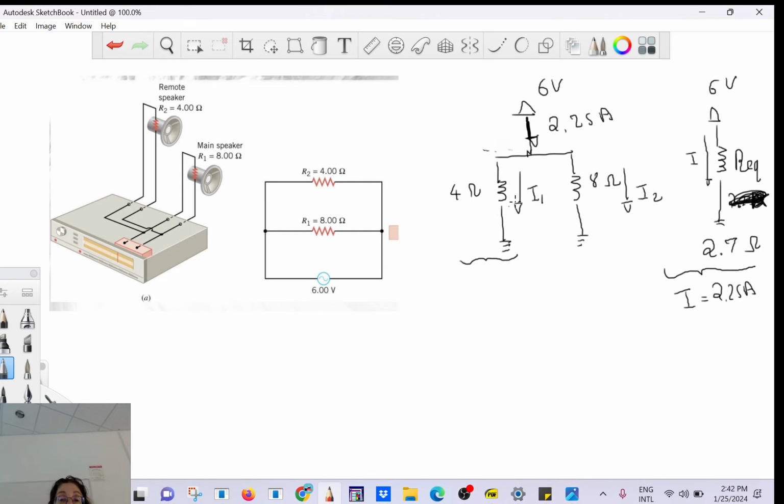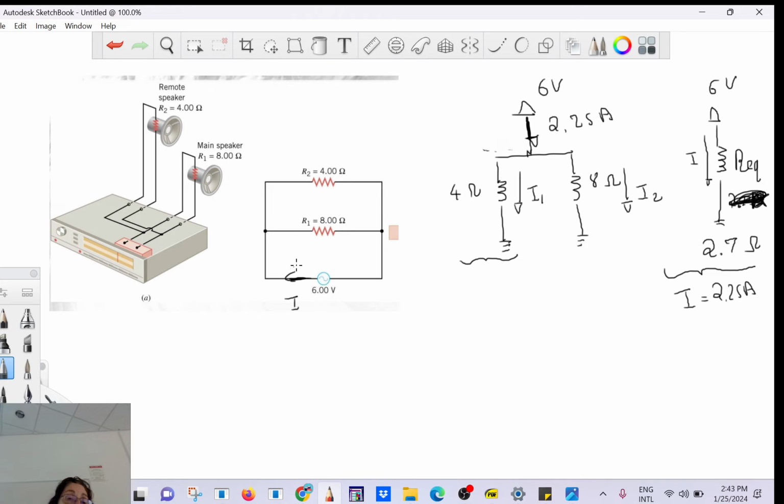Okay, it's a good question. In that case, you don't even need to do that. You can find I1, you can find I2, and then you can find I. That's what we're going to do here. So I is the total current that's supplied by the power supply.